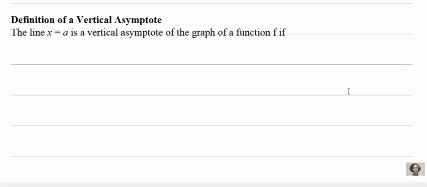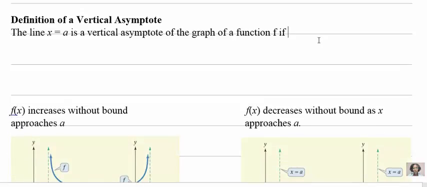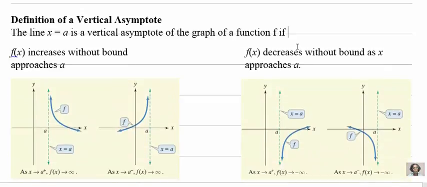So this vertical line, x equal to a, is a vertical asymptote of the graph of a function f if f of x increases without bound.